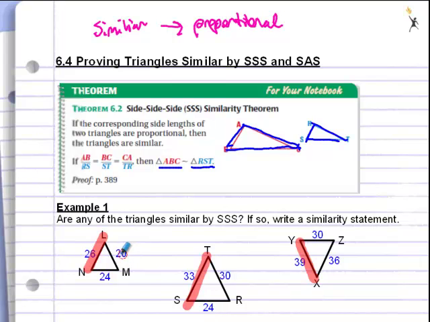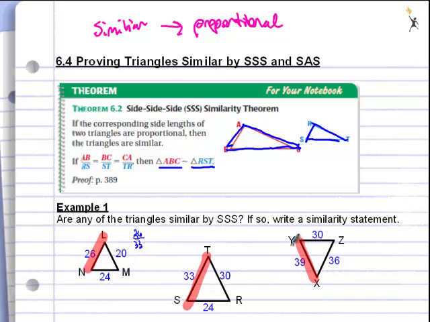So we're going to establish our ratio by setting up fractions using the longest sides. I'm going to compare LN to TS, which gives me 26 over 33.